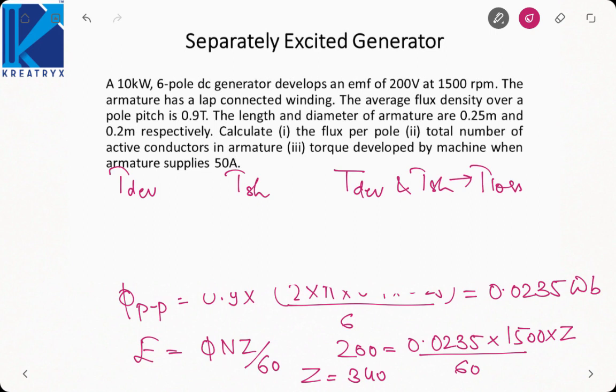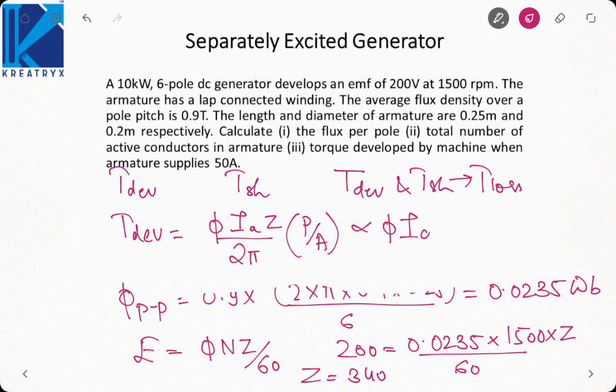What is meant by developed torque? It corresponds to developed power, which is the power being converted from electrical to mechanical or vice versa. Developed torque in a DC machine is given by phi Ia Z by 2 pi into P by A. So remember, it is proportional to flux into Ia.